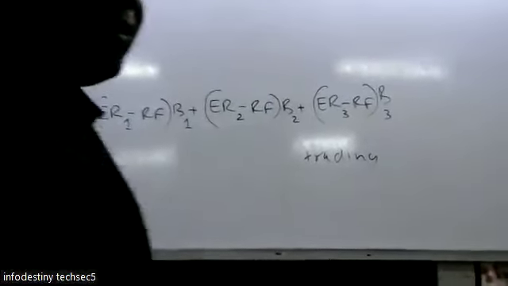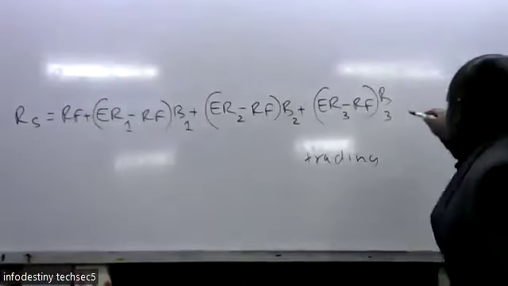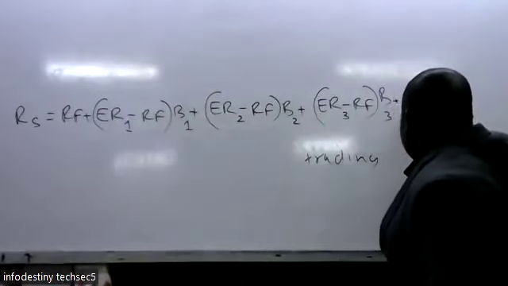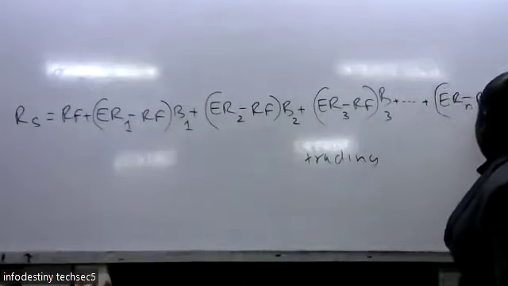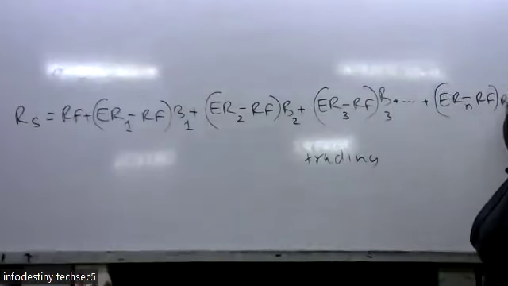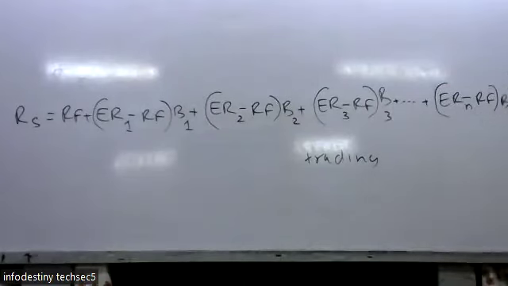So we can also include any other factors: expected return for factor n minus the risk-free rate, times the beta factor for factor n.